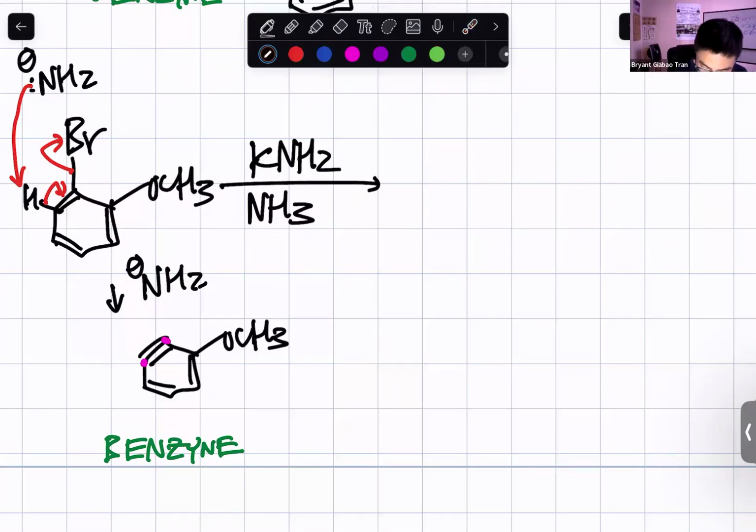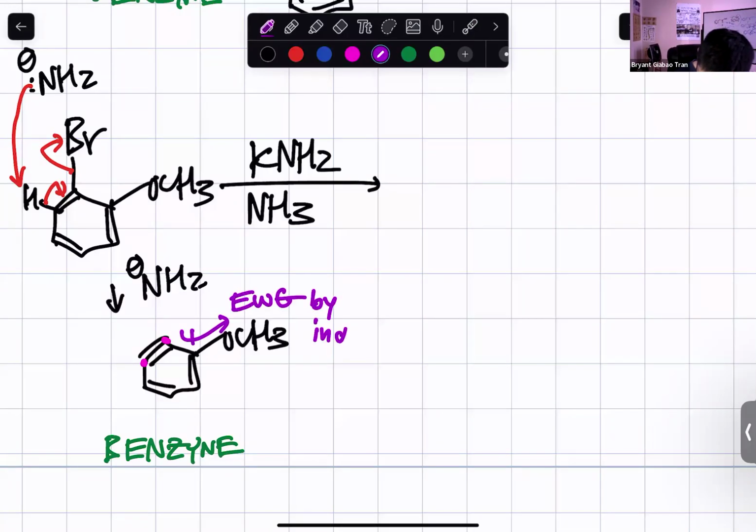This OSH3 here, think of it as an EWG by induction. So that EWG by induction is going to want to stabilize the negative charge. That means we want the negative charge to be closer to the EWG to make it more stable.